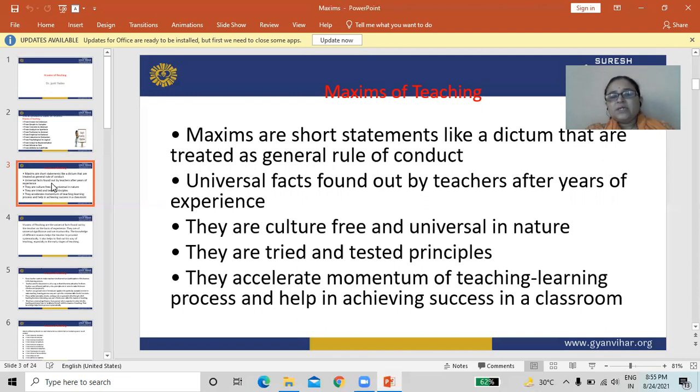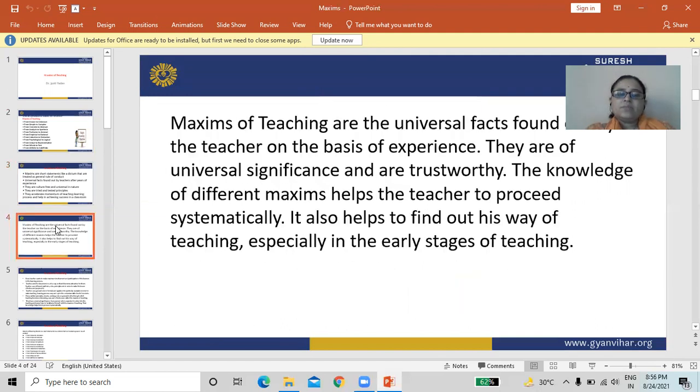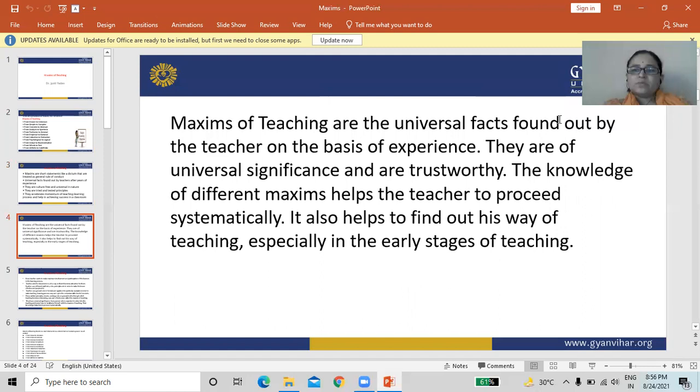They accelerate the momentum of the teaching learning process and help in achieving success in a classroom. Maxims of teaching are universal facts found out by the teacher on the basis of experience.